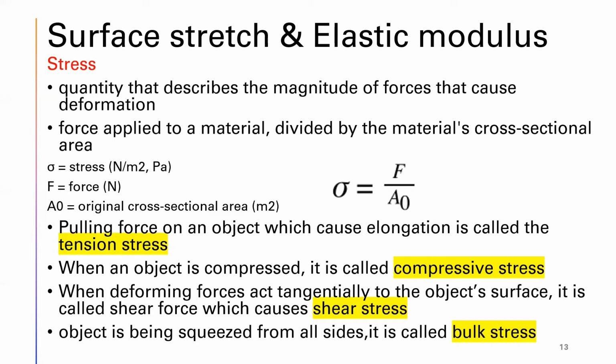When you take a spring and compress it, compressive stress is produced. The third one is when deforming forces act tangentially to the object's surface, it is called shear force, which causes shear stress. The last one, when the object is being squeezed from all sides, is called bulk stress.